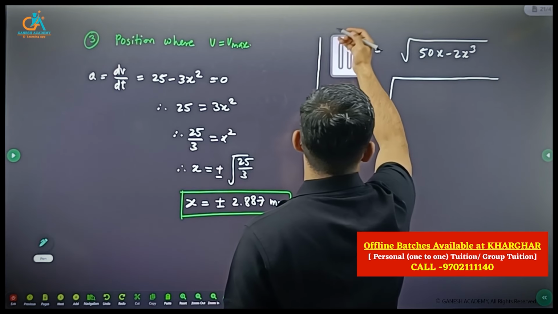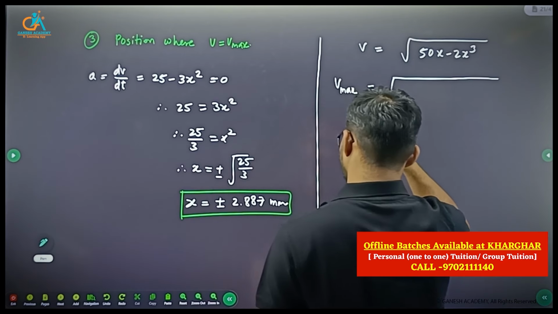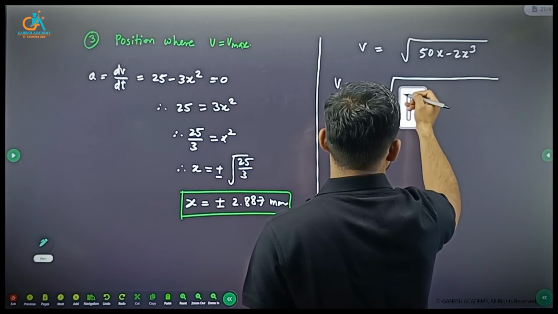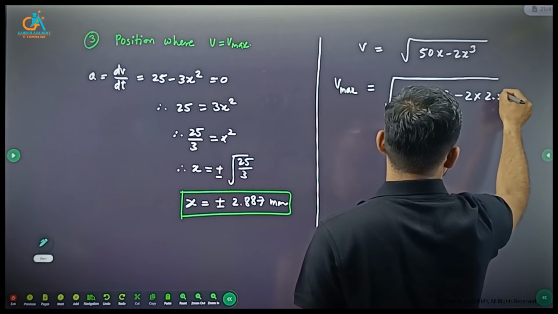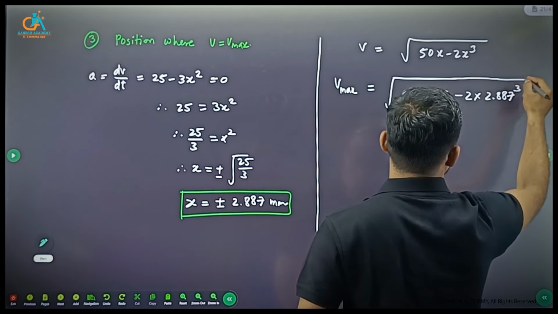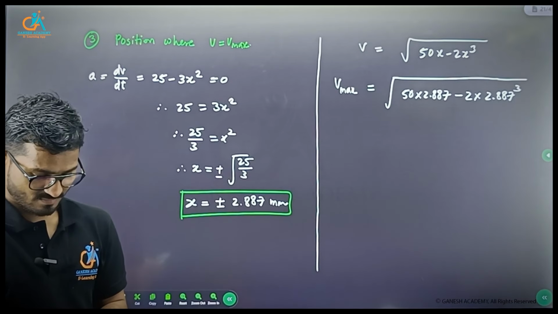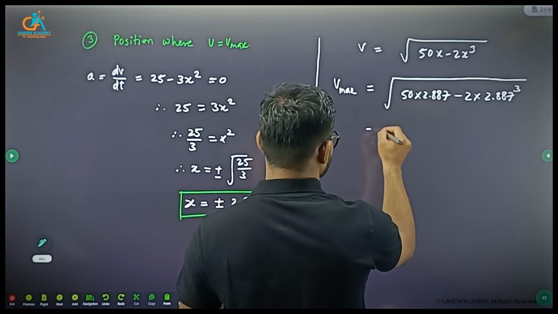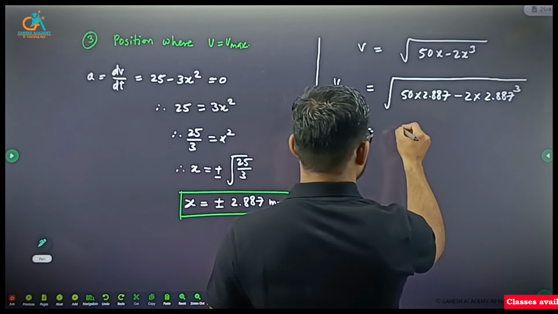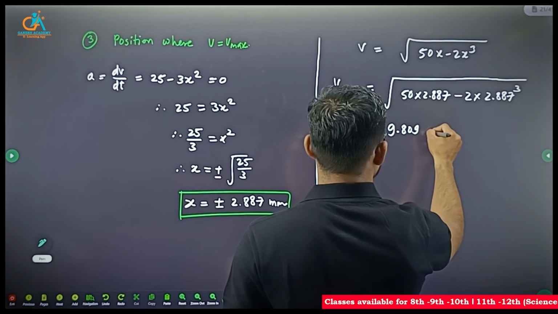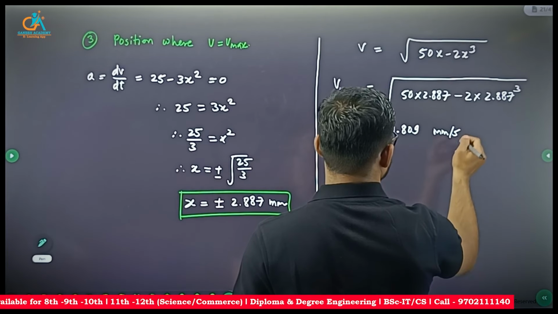Put x equal to 2.887. So this answer is 9.809 mm per second.